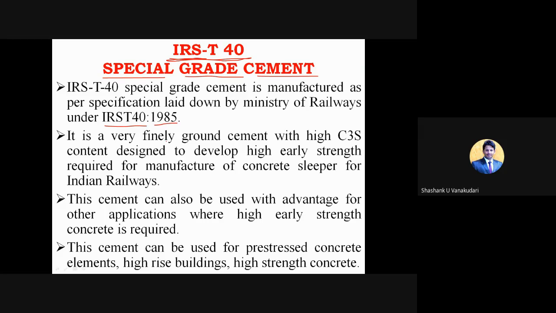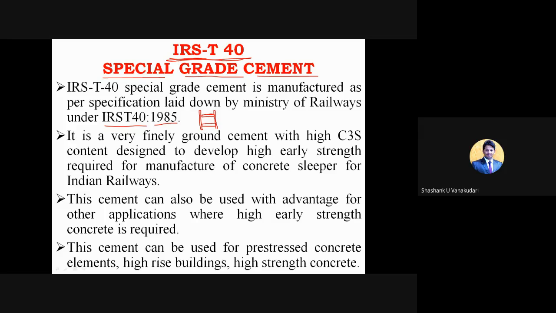Mainly it is used in concrete sleepers. So what are concrete sleepers? Here are the two railway tracks, which in civil engineering terms we call rails. These are the two rails, and the horizontal members they place in between them, this is one horizontal member and this is one more horizontal member, depend upon the distance between the two railway sleepers.